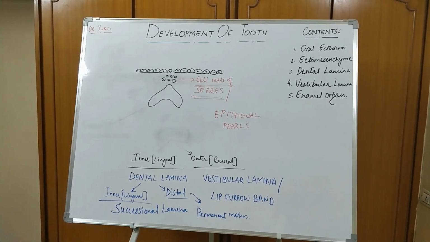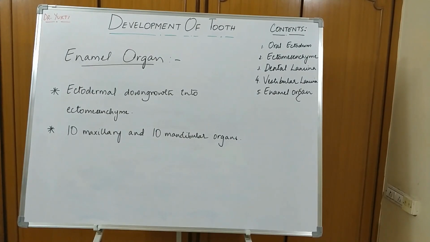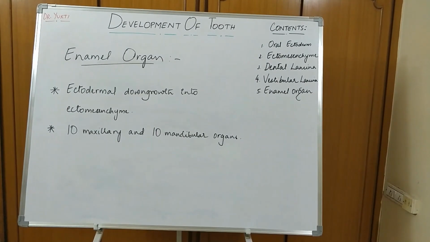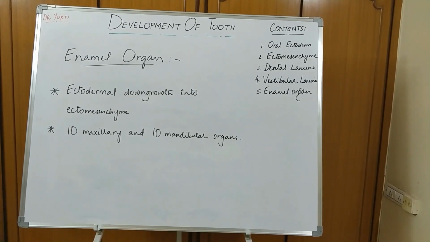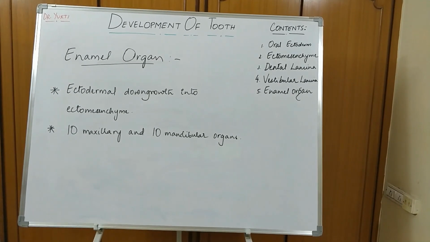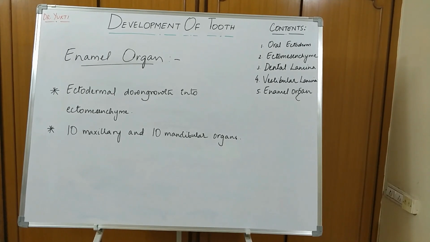Coming to enamel organ. The next is enamel organ. Now, along the dental lamina, the ectodermal cells still multiply rapidly. Okay, this multiplication keeps happening as the tooth development continues, and the ectodermal cells of the dental lamina again rapidly multiply and grow into the ectomesenchyme.